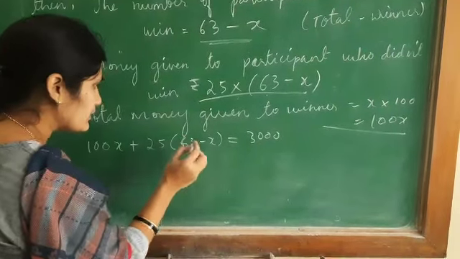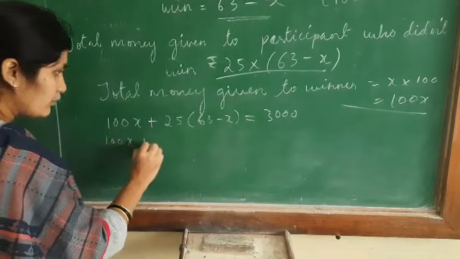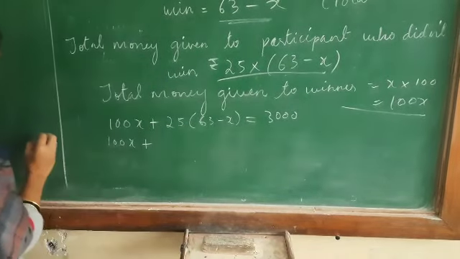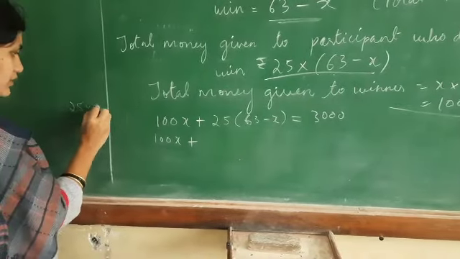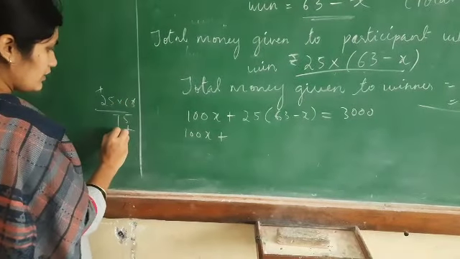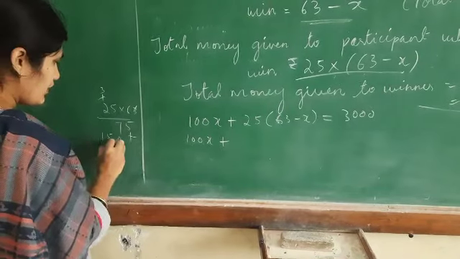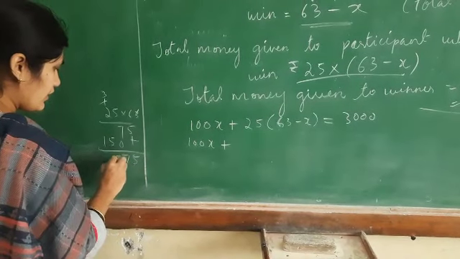So here 100x plus 25 into 63. Multiply here: 25 into 63, 5 3s are 15, carry 1, 3 2s are 6 plus 1 is 7, then 6 5s are 30, 6 2s are 12 plus 3 is 15, so 1575.